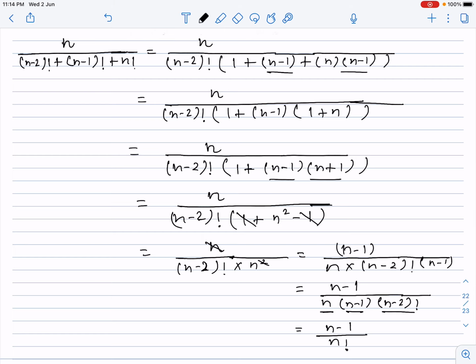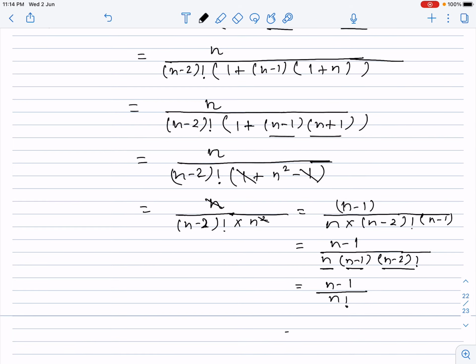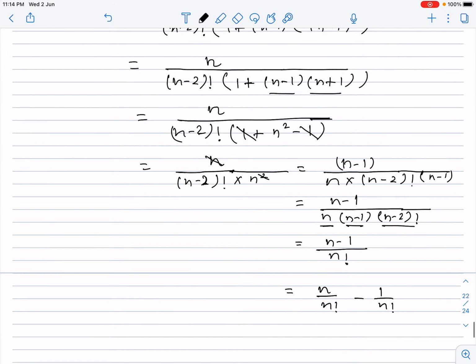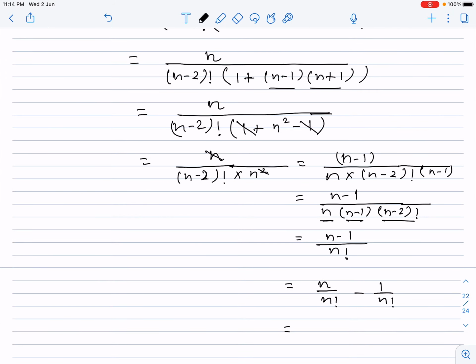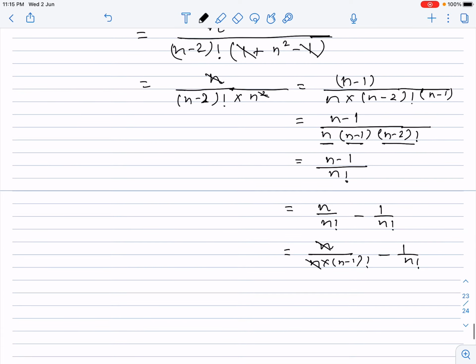Now separate it out. What can be written by me? n divided by n factorial minus 1 divided by n factorial. Now simplify n factorial. How it can be written by me? n divided by n multiplied by n minus 1 factorial minus 1 divided by n factorial. Now n will be cancelling this n. Finally it can be written by me 1 divided by n minus 1 factorial minus 1 upon n factorial.